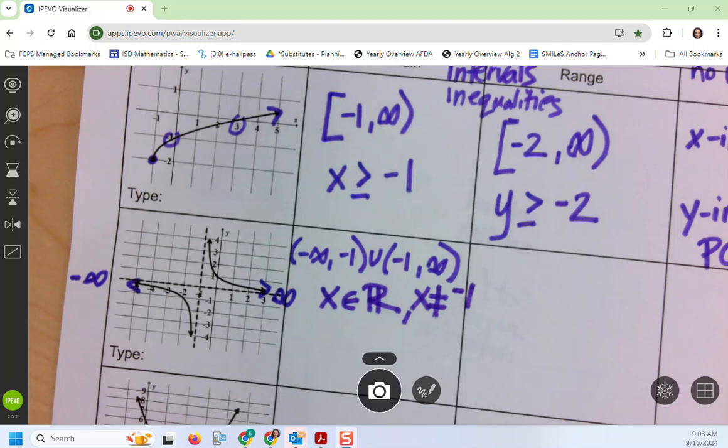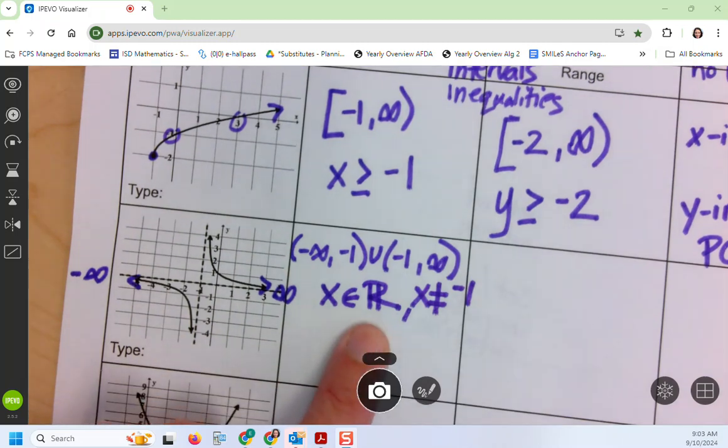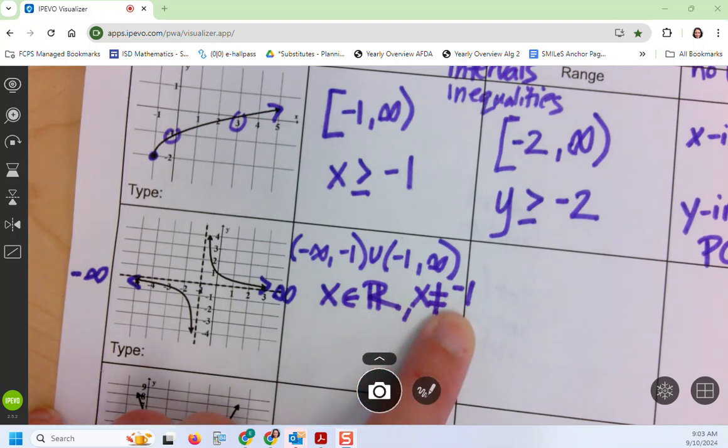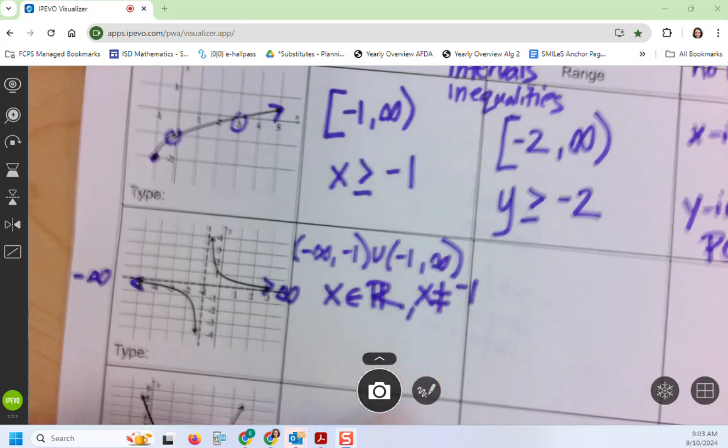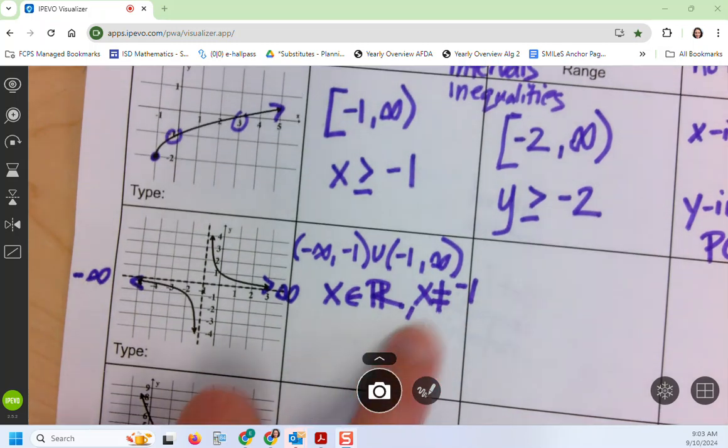So remember, this R means all real numbers. It's my short way of writing all real numbers. So every number except negative 1. You should have that on your paper now. We're on the last page. All right. What does it say after the R? It says comma, x does not equal negative 1.